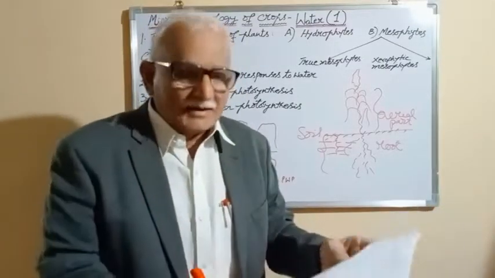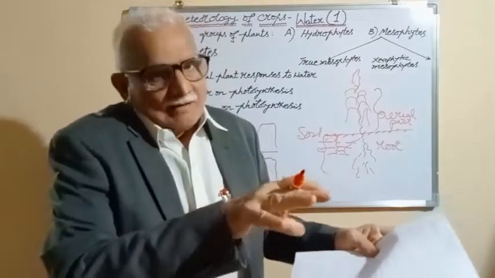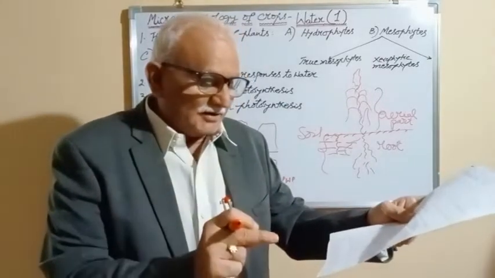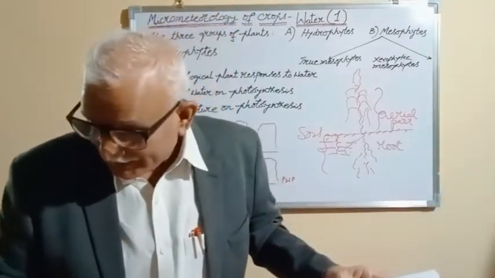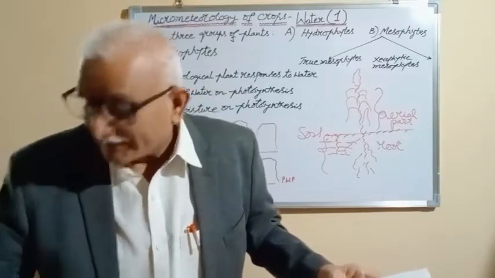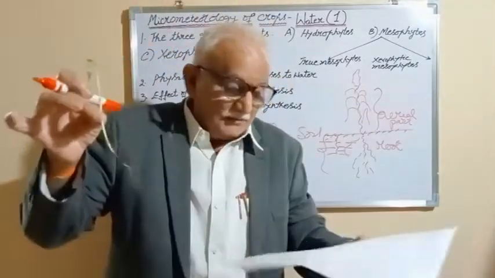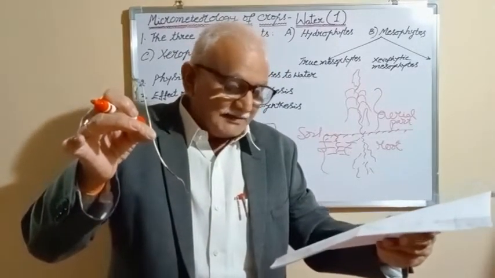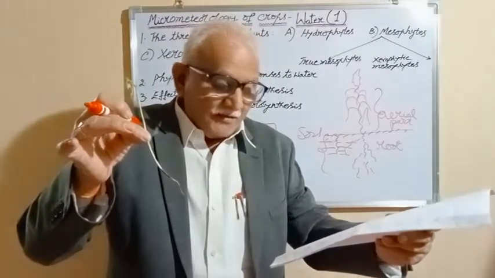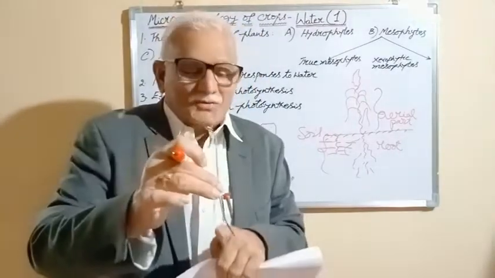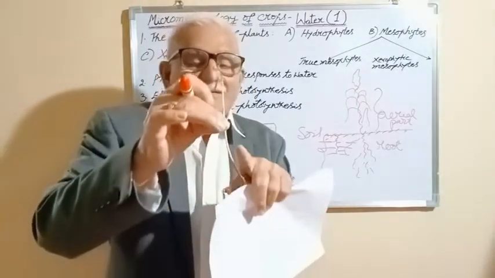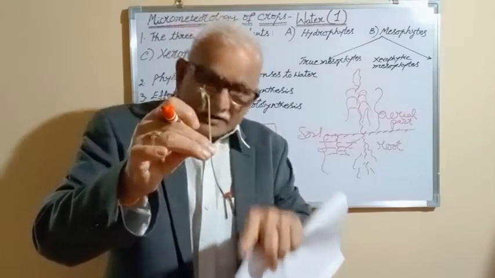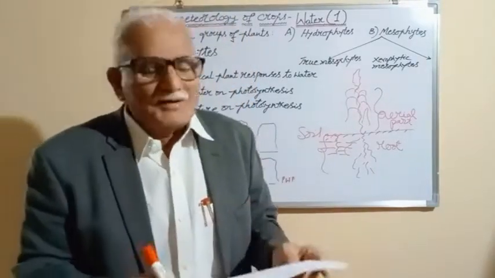Now I explain again in scientific terms: roots developed under limited moisture conditions are finer, and have more and longer branches than those developed under favorable soil moisture conditions. So the roots under moisture stress in the soil are finer, go deeper, and develop lateral roots.